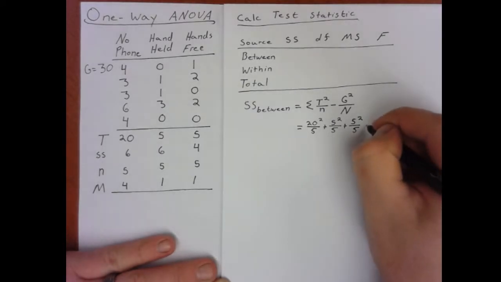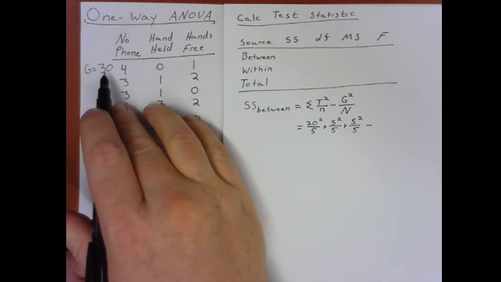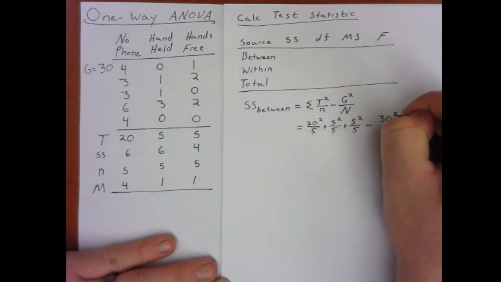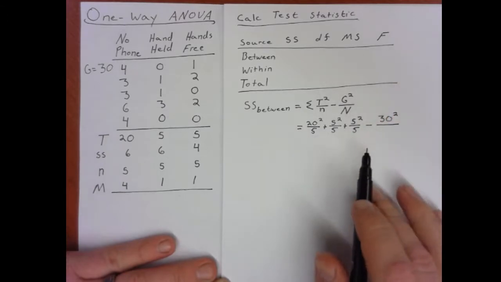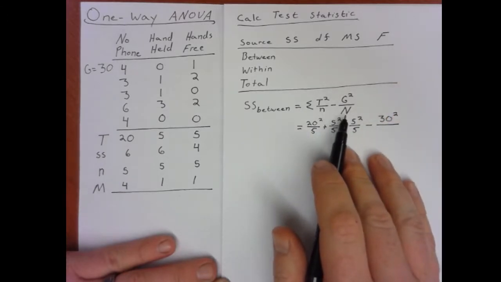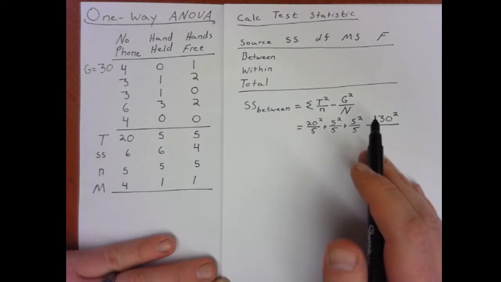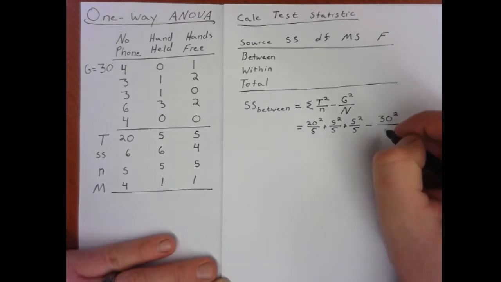And then we need to subtract out that grand total, 30 squared, and then we need to divide by the total number of scores. We have 3 conditions, 5 people in each condition. That gets us 15 total scores.